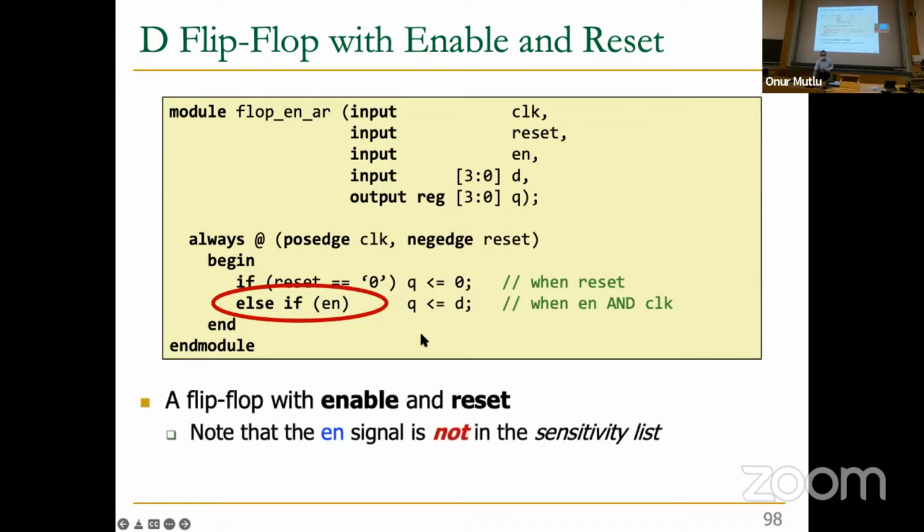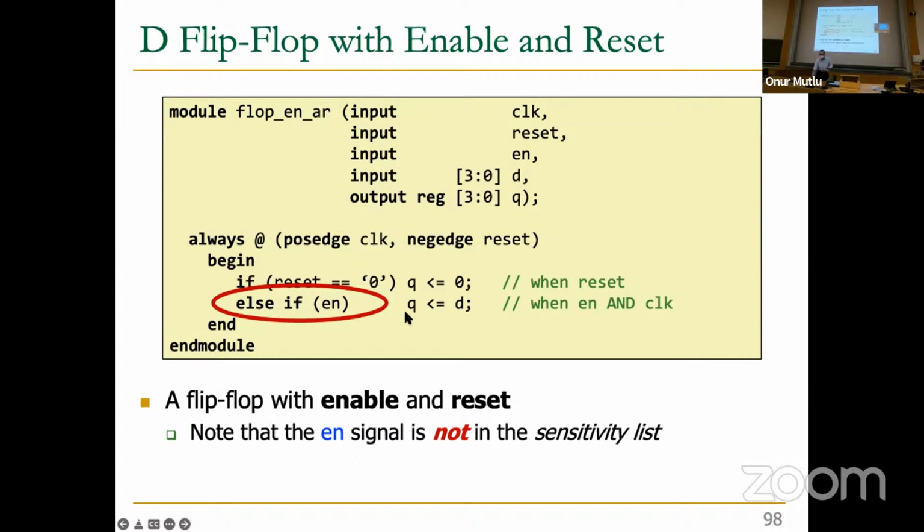Okay, so in this case, enable signal is not in the sensitivity list because it really doesn't trigger state change by itself, right? State change happens either on reset signal falling or clock rising. So there's no reason for the enable signal to be in the sensitivity list over here. In fact, if you put it in the sensitivity list, you're making a mistake. Why? This always statement gets executed when the enable signal changes, let's say positive edge.